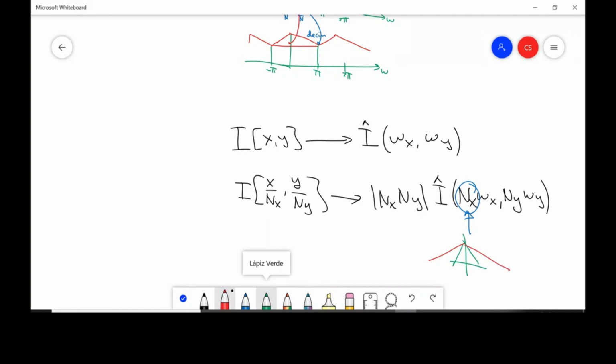And this is happening by a factor Nx in x, and it is happening the same by a factor Ny in y. So this is called the scaling property of the Fourier transform. This you know, right? You know the scaling property, but in one dimension. Now it is happening in 2 dimensions.